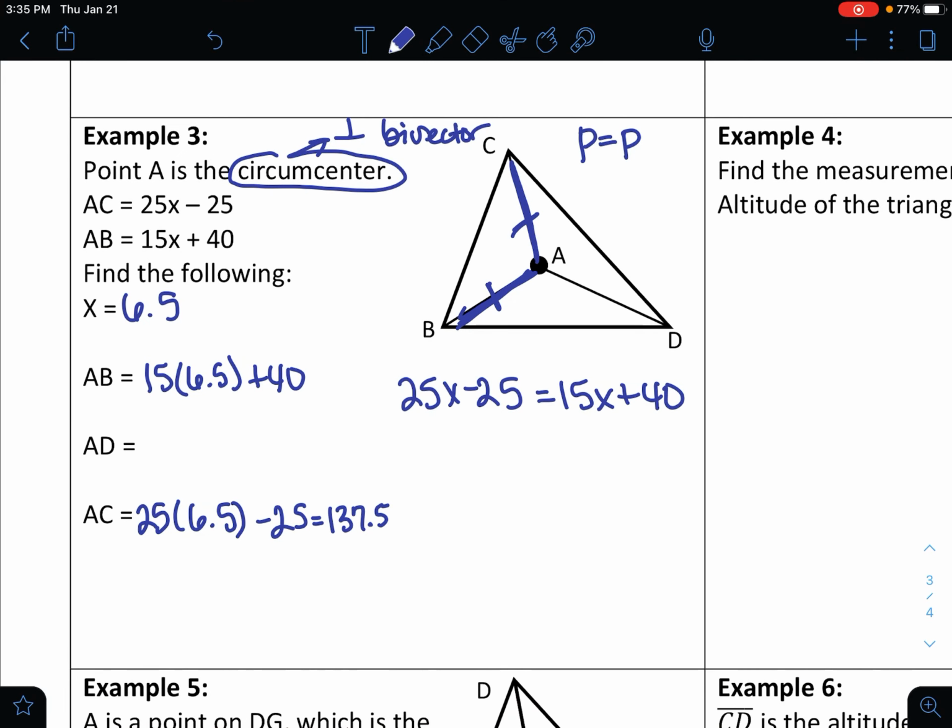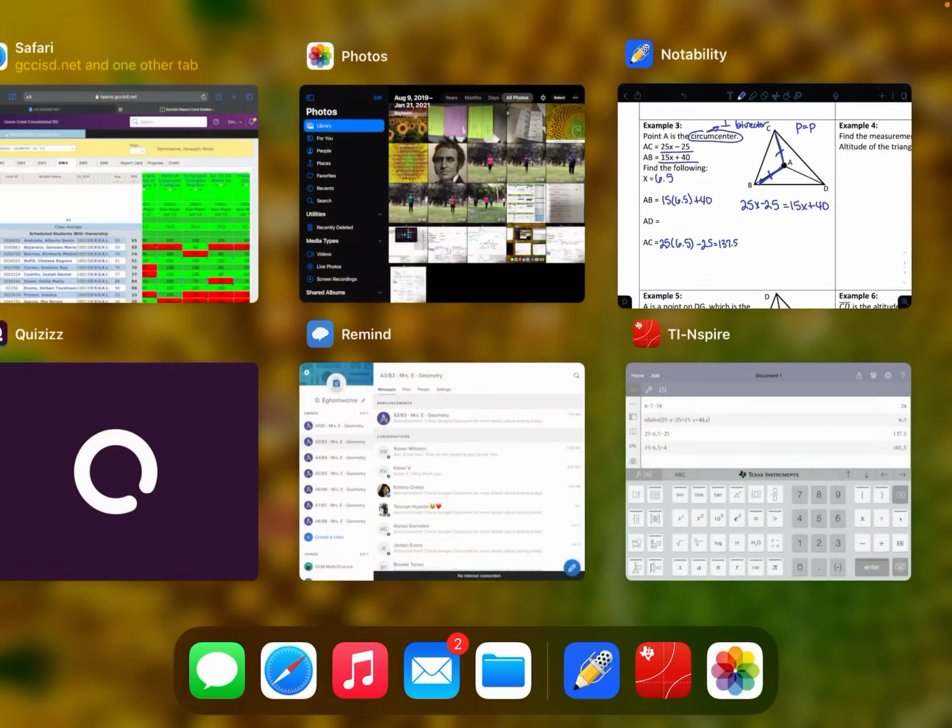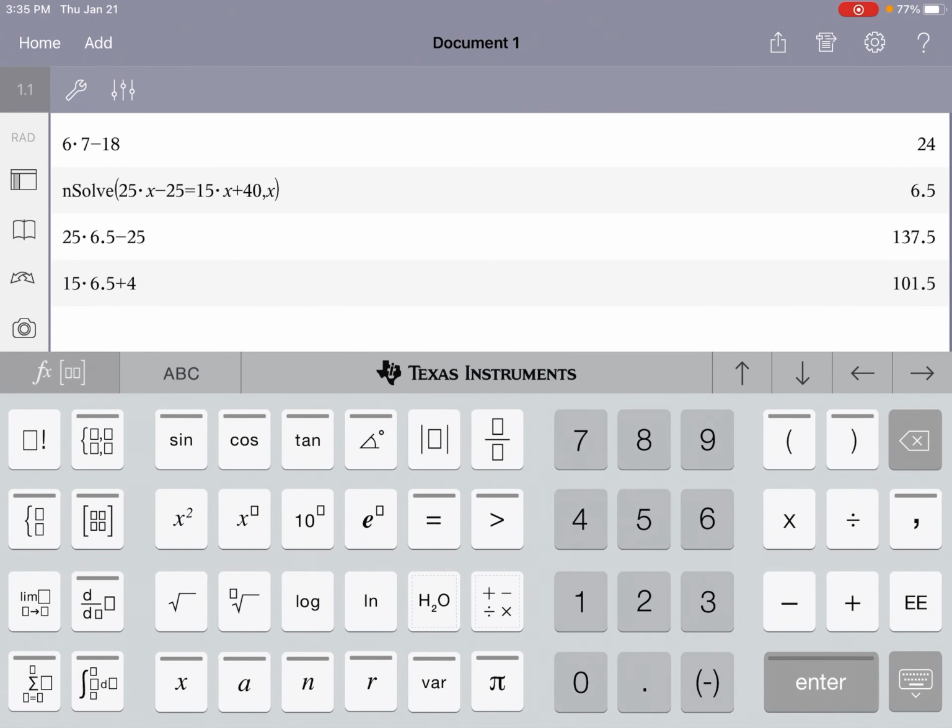Okay, so I made a mistake, so now I got to figure out where I made that mistake. So let me double check to make sure I wrote everything correctly. 25x minus 25, 15x plus 40. Let me make sure I typed it in correctly. 25x minus 25, 15x plus 40.